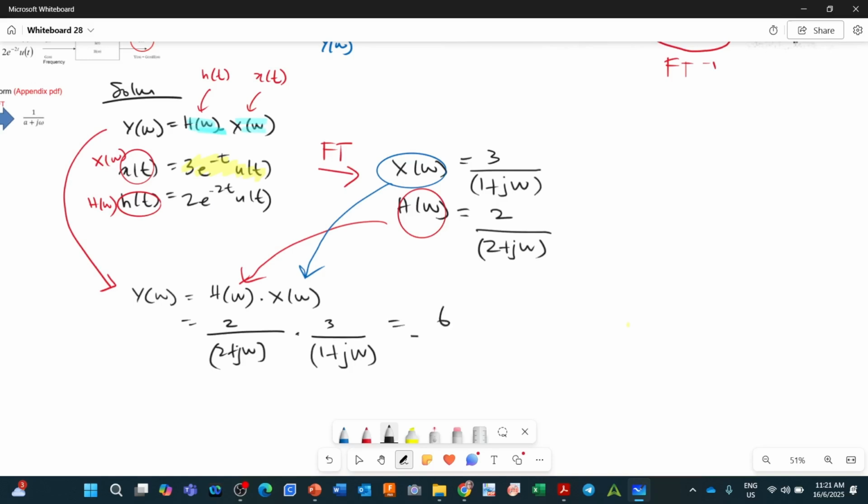So expand it: 6 over 2 plus j omega times 1 plus j omega.